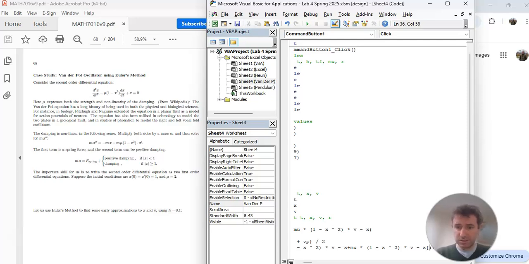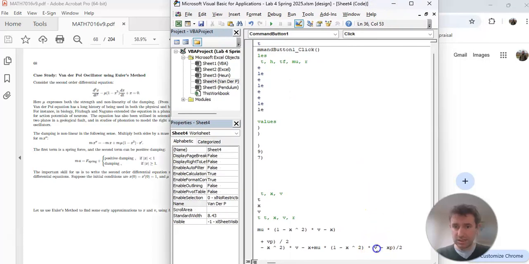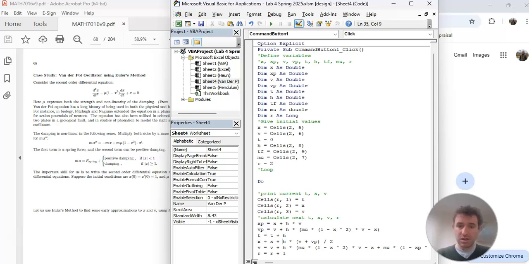So this should be the predicted. Predicted x, predicted v, predicted x. This here should be the previous x, but now after this line, x is now next x.